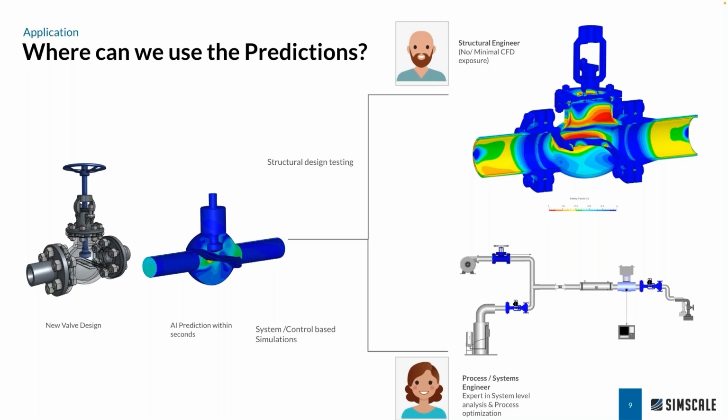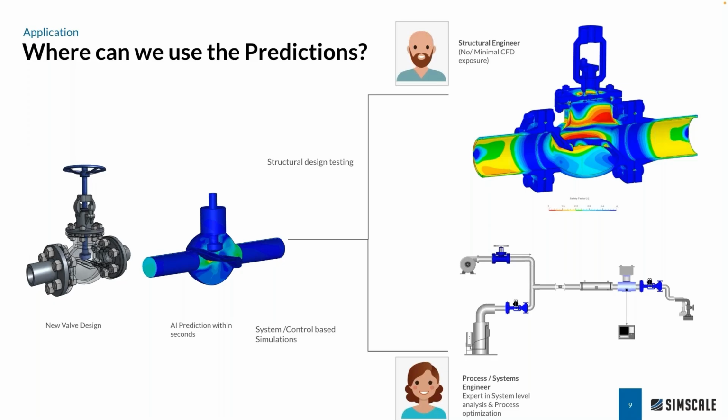Tom is a structural engineer, a structural expert working in the valve industry. He's been assigned a task to analyze the valve for different flow conditions and then see if the forces and the pressure values that he can get from the flow field can actually be applied to the valve design he's going to iterate on, right?